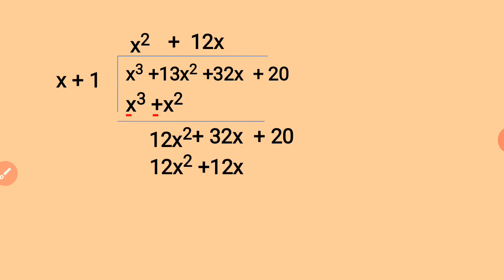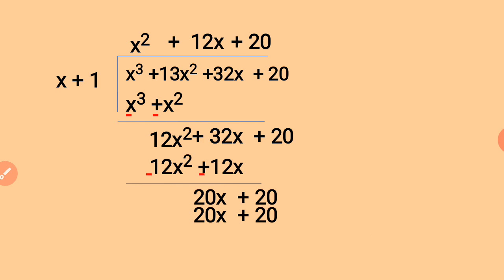Remainder will be 0 because we have already proved that x plus 1 is a factor. So proceed with the division, and this is what we get: the remainder as 0, and our quotient is x square plus 12x plus 20.